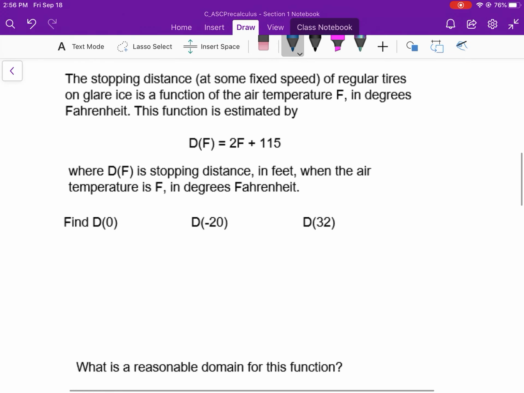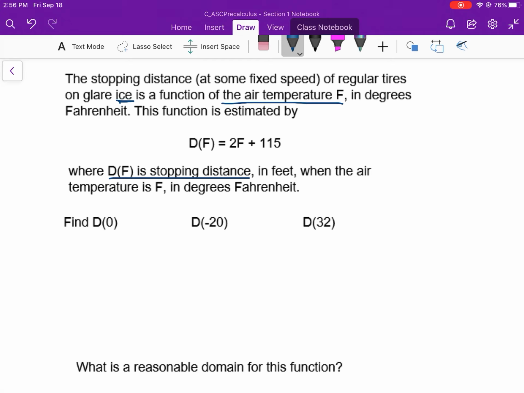Okay, so now we have a new problem. This is the stopping distance of regular tires on glare ice. I don't really know what glare ice is, but it's with ice. That's kind of important. As a function of the air temperature. So depending on the air temperature will depend on stopping distance. D of F is the stopping distance in feet.